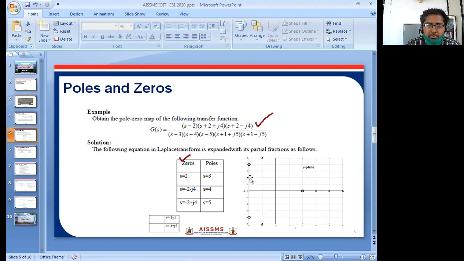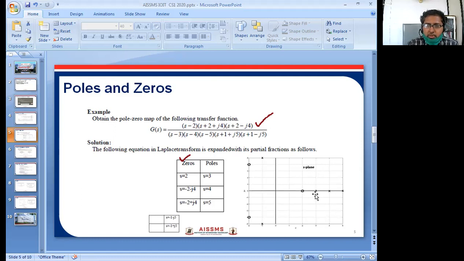When we represent all the poles and zeros in the s-plane, a cross symbol represents a pole and a circle symbol represents a zero.